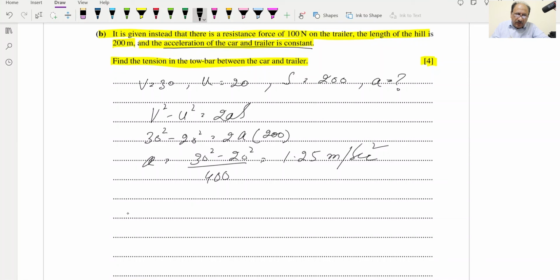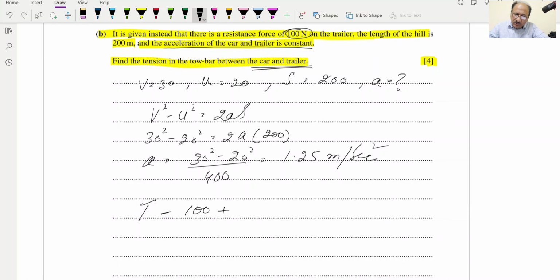Now we will apply Newton's law on the trailer, so on the mass basically which is moving, car and trailer both, and it will be in Newton. When we apply Newton's second law, so tension minus 100 Newton resistance, force is in the opposite direction, so it will be minus 100, and plus we will take weight.